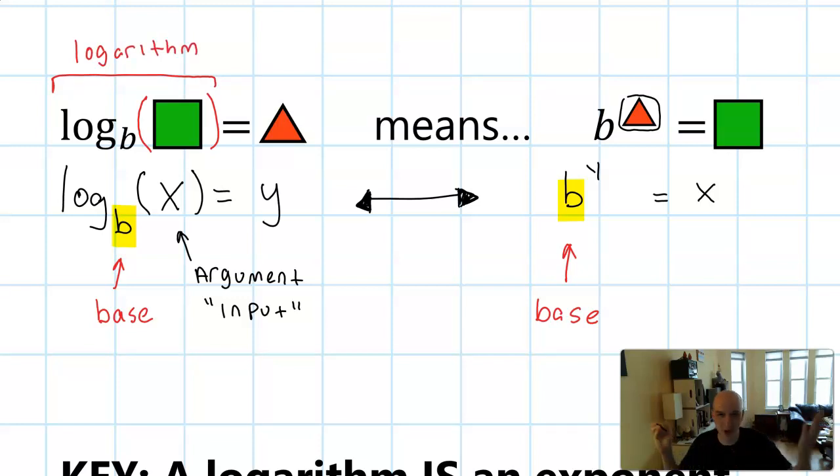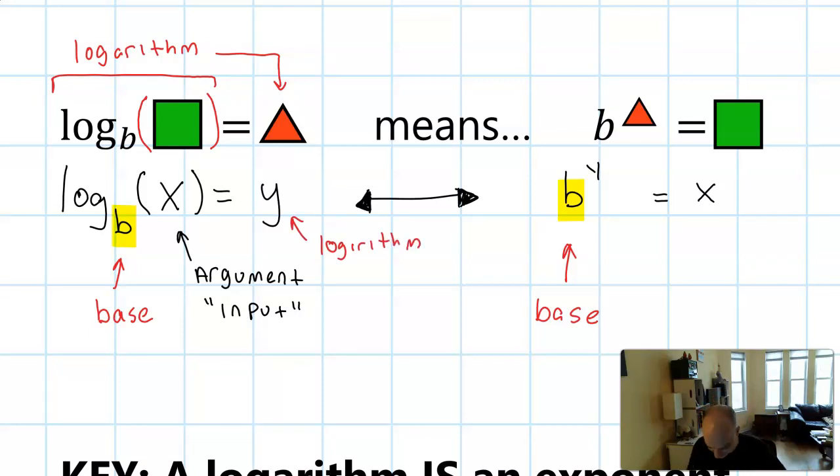So when we say the logarithm, it's not just the word log, it's the logarithm with a base and an argument. And the logarithm refers to the log base b statement, but it also refers to the square or the triangle, what we've called it. So we have a base, we have an argument, and we have a logarithm. Base, argument, and logarithm.